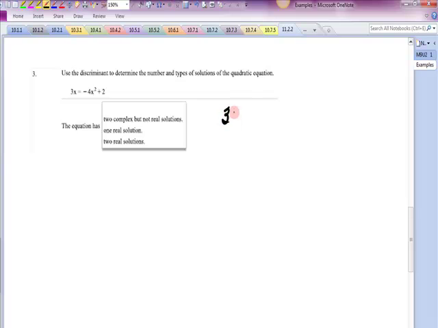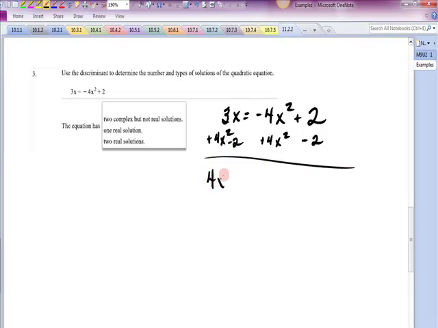This one I have 3x is equal to negative 4x squared plus 2. You could do it two different ways. I choose to add 4x squared to both sides and subtract 2 from both sides. That gives me positive 4x squared, positive 3x minus 2 equals 0.